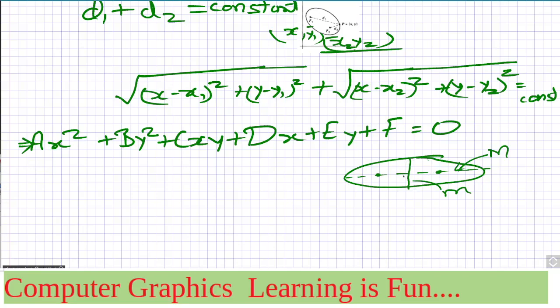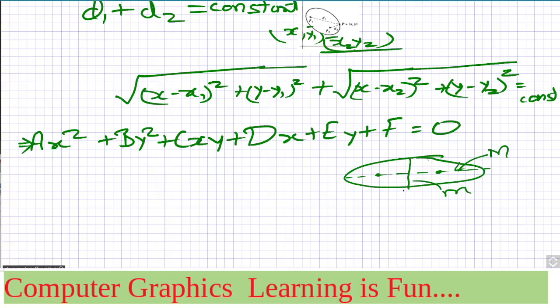However, the minor axis passes through the center, and it is perpendicular to the major axis. So what is the center? The center will be in between these two foci.